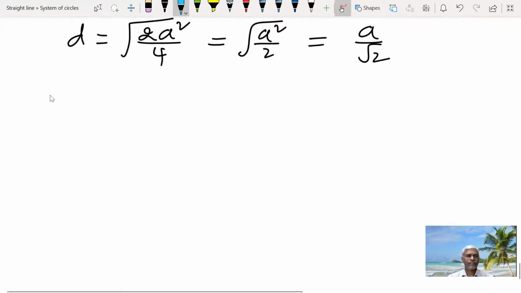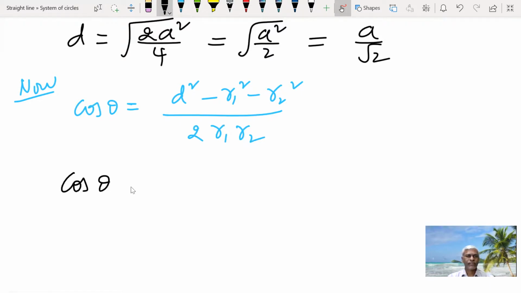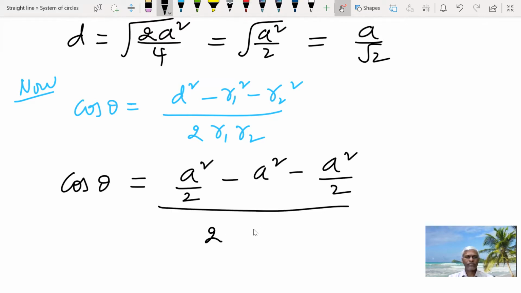Now the angle, cos theta is d square minus r1 square minus r2 square by 2 r1 r2. d is a by under root a square by 2, d square is a square by 2, r1 is a, r1 square is a square, and r2 square also a square by 2. r1 is a, r2 is a by root 2.